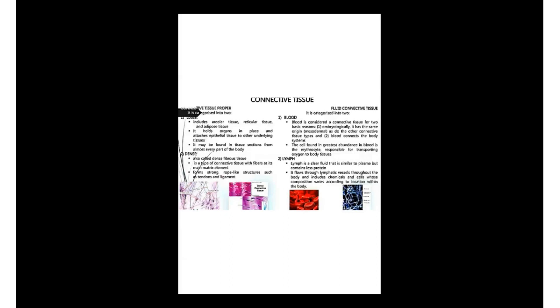First is your connective tissue proper, meaning the major function of this connective tissue is to join any part of the human body, like areolar tissues, rectal tissues, any tissues that you have to join. So these are of two types, loose and dense. Loose, as the name indicates, is found in fluid-containing body parts where these are loosely attached to each other. So adipose tissue, reticular tissue and areolar tissue are part of loose. They hold the organ in place and attach the epithelium and other underlying tissue.